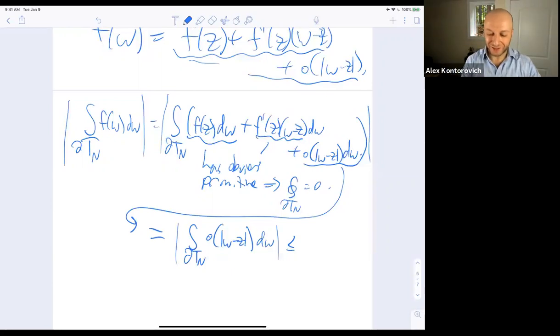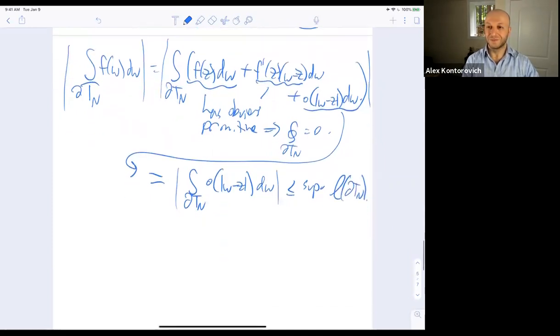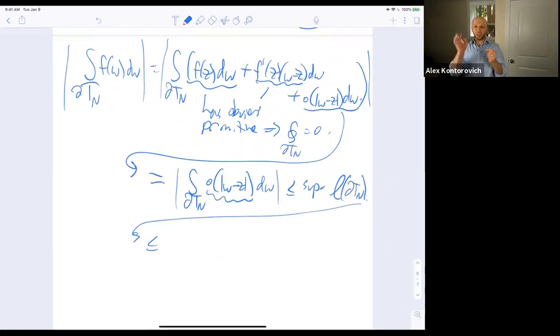So this is less than the supremum times the length of the boundary. Now, what is the supremum? Well, what's the value of this function? It's something that goes to 0 faster than w minus z goes to 0. So it's something going to 0, little o of 1.